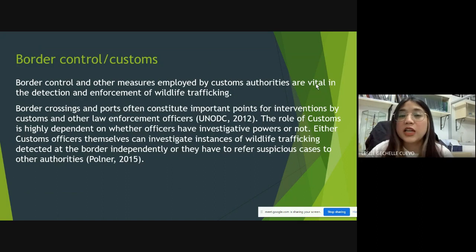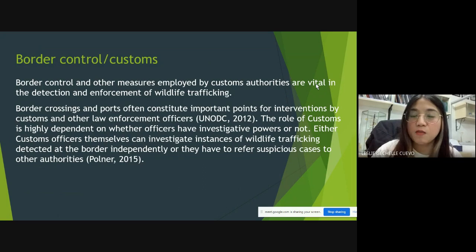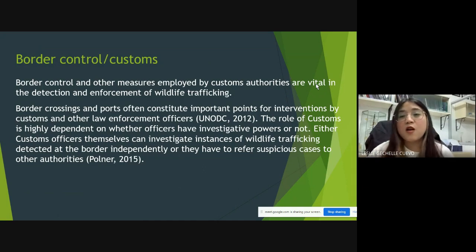Control or customs natin. Border control and other measures employed by customs authorities are vital in the detection and enforcement of wildlife trafficking. Border crossings and ports often constitute important points for interventions by customs and other law enforcement officers. The role of customs is highly dependent on whether officers have investigative powers or not.